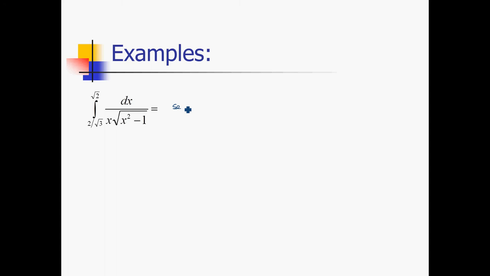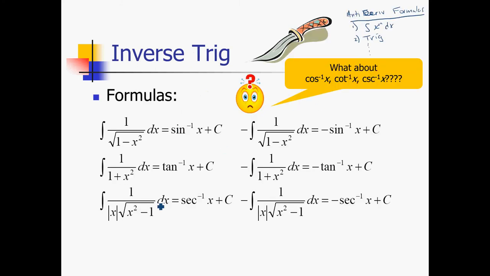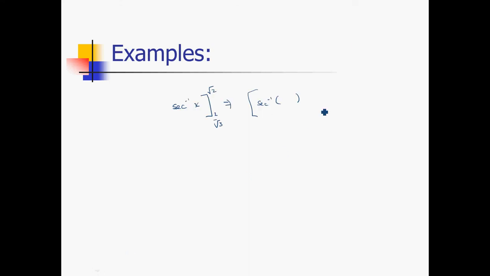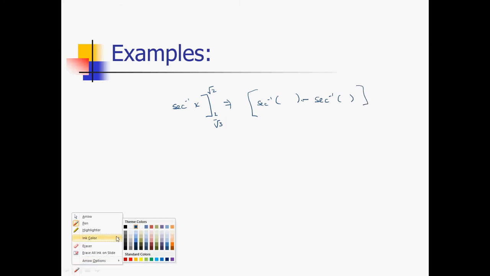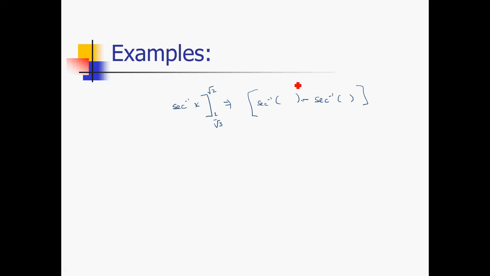So sure enough, this is inverse secant of x, evaluated, and no use substitution necessary, which means I'm going to have inverse secant at A and B, and this now just becomes a trig exercise, right?